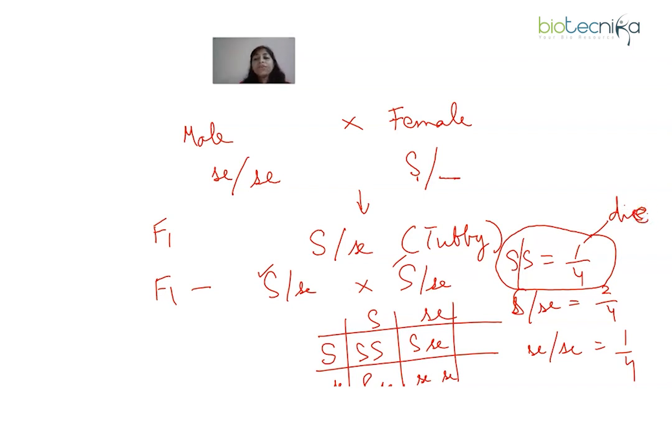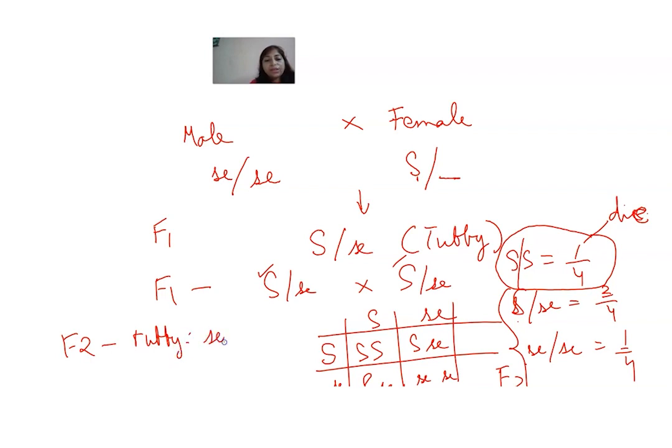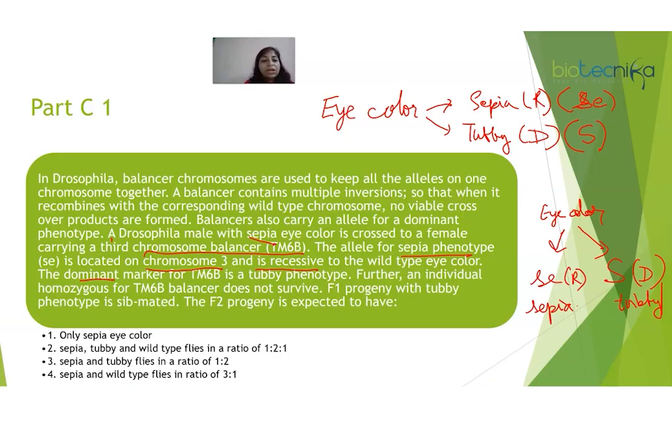So who are we left with in the F2 progeny? The F2 progeny will have tubby and sepia in the ratio of 2:1. Only sepia eye color will be seen in the F2 progeny: wrong.